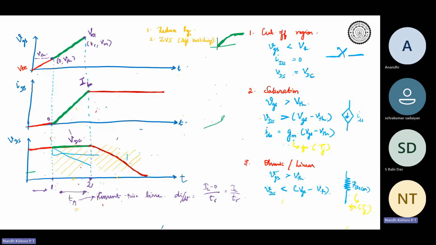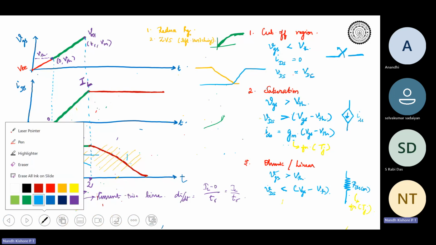I will try to shift this instant of current rise by making sure that my current will start increasing only after my voltage has gone to zero. So the voltage will first go to zero, and when the voltage goes to zero, I will start increasing my current. So there is no overlap.